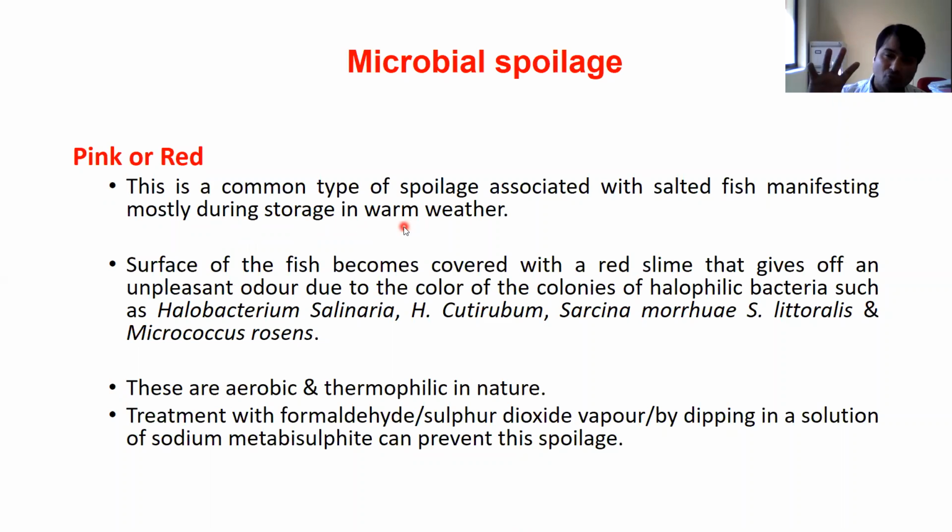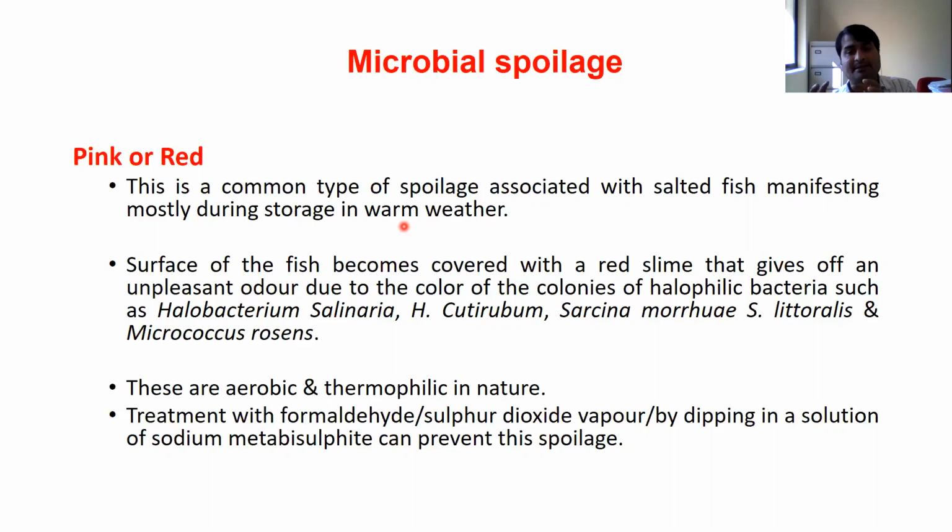During warm weather, in the summer season, we see pink or red spoilage in salted fish. Halophilic bacteria grow on the salted fish, develop their colony, and cover it, forming a red slime.